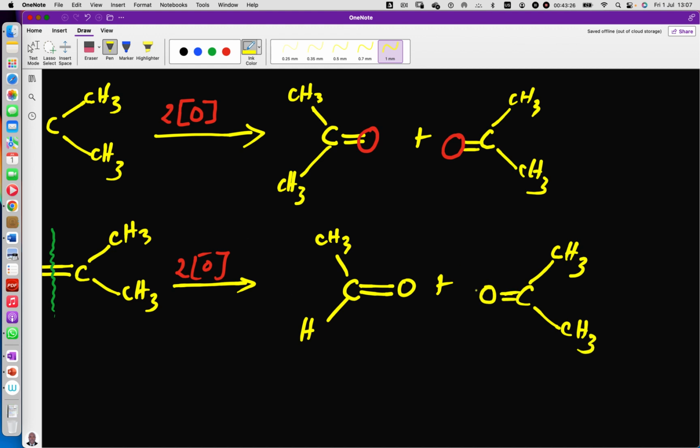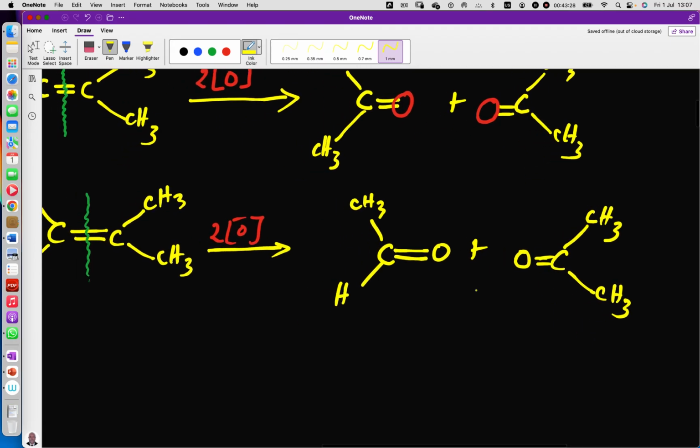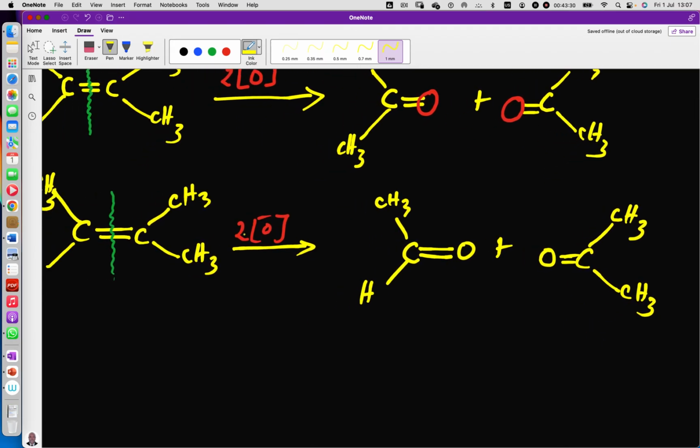Oxygen will also be attached here. So now, these are the two products. But it should be remembered that this is a ketone, and this one is an aldehyde.